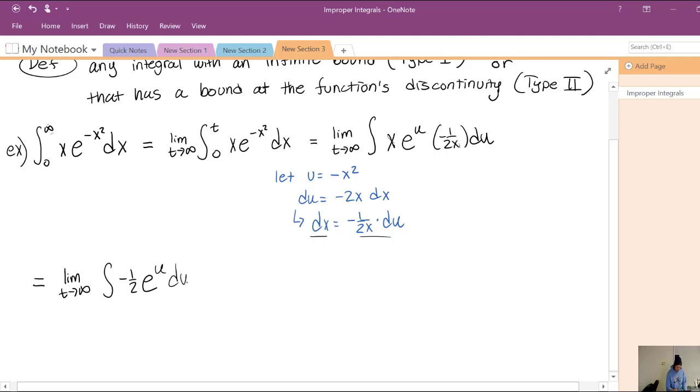What's the integral of that? Right, it'll be itself, essentially, -1/2 e to the u. Which, finally plugging back in, that'll be -1/2 e to the -x squared.